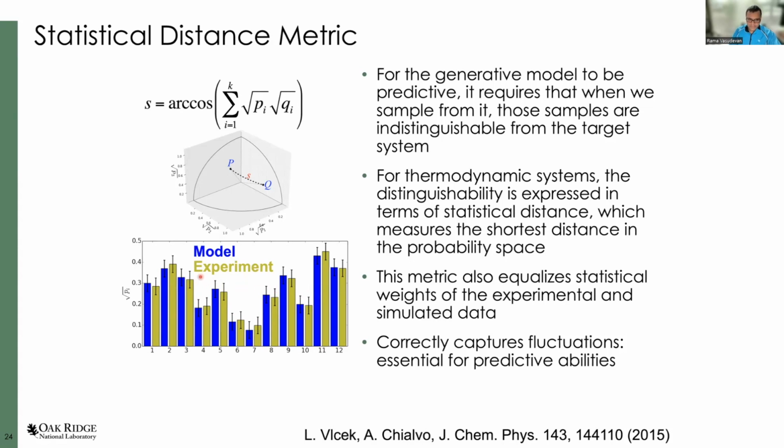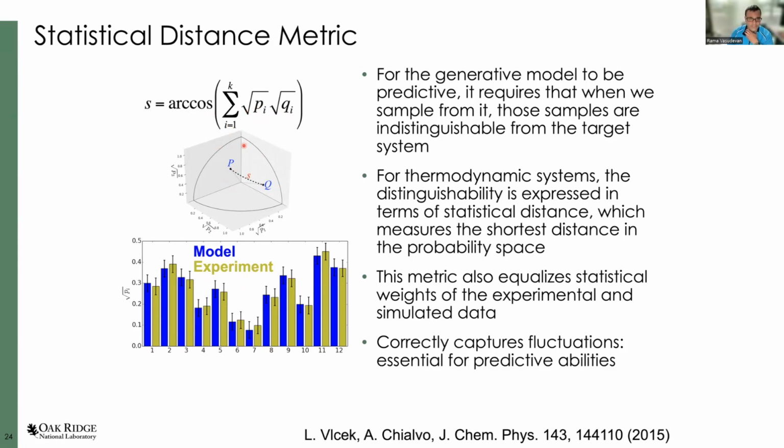In order to do this, we need to compute a loss function, and the loss function that we're going to compute is the so-called statistical distance. It is basically the arc length in probability space between these two different probabilities of individual states. So let's look at what this equation is saying.